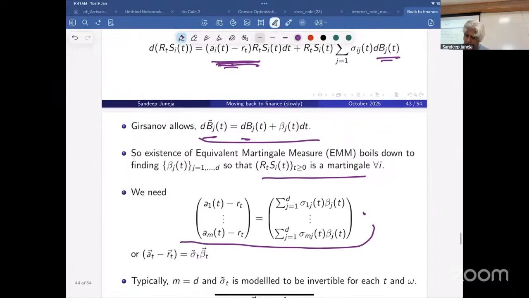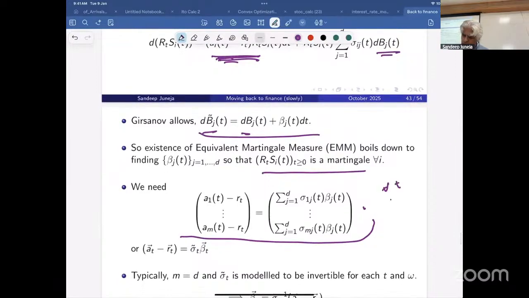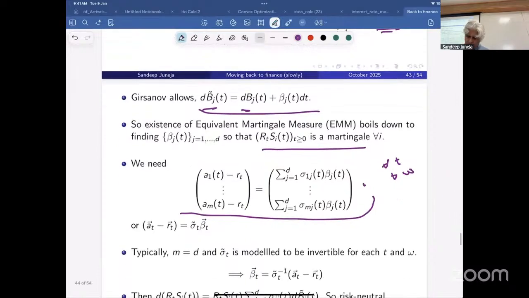So we need these equations to hold for all t, for all omega, meaning almost surely, and for time, almost everywhere. In other words, we need the solution to this vector equation: a arrow t minus r arrow t, and sigma tilde t now is a matrix. So this has to be true.